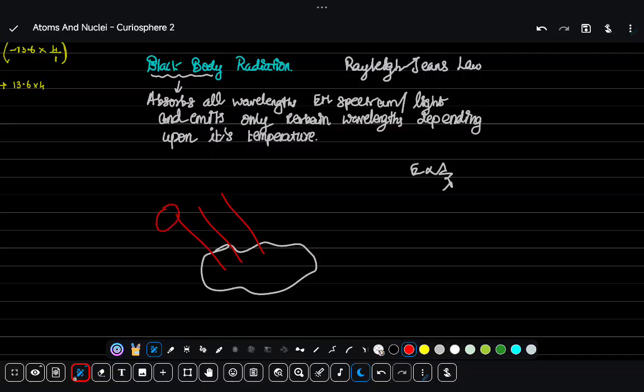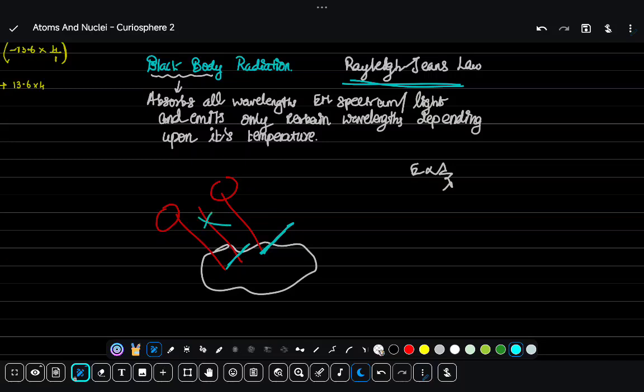This wave has the lowest wavelength, and this wave has the highest wavelength. What the Rayleigh-Jeans law says is that all the waves get re-emitted. Sometimes only one or 2 waves get re-emitted, depending on the temperature of the black body. But now let us assume this wave and this wave are re-emitted.